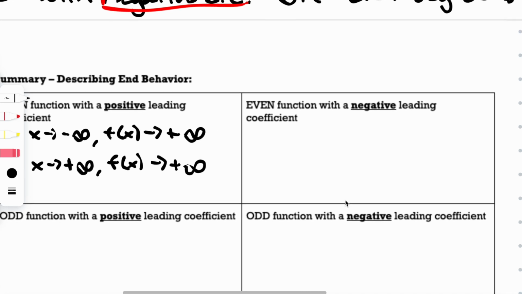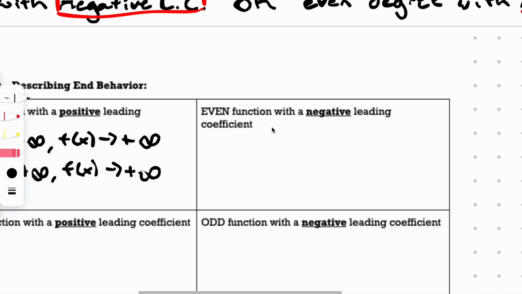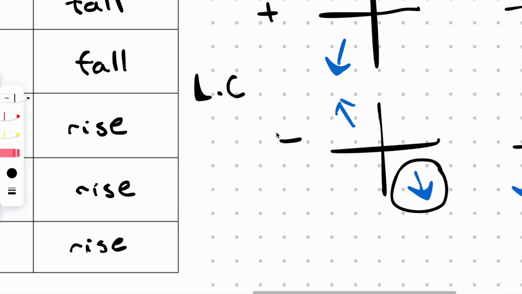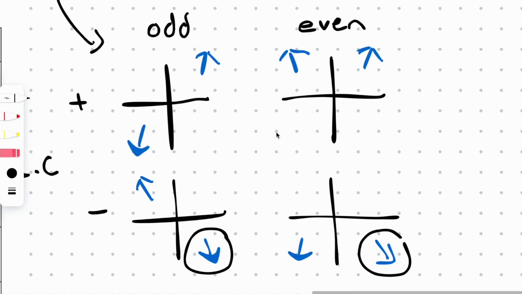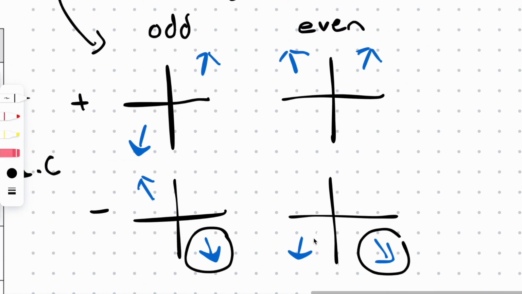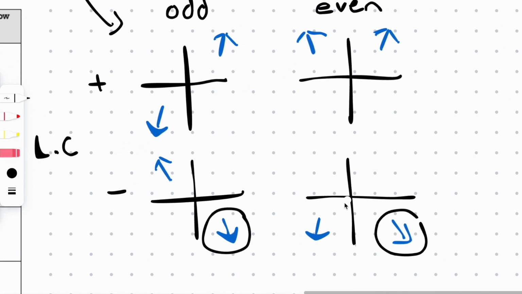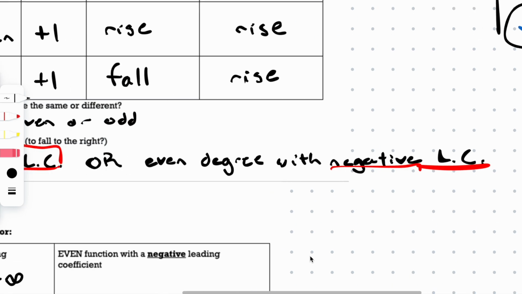Okay. So now we have an even function with a negative leading coefficient. So that's going to be this case down here. As x approaches negative infinity and goes in this direction, what happens to our y? Our y goes down towards negative infinity.